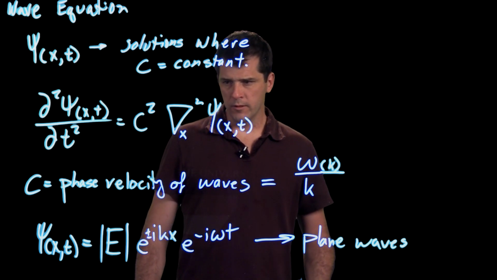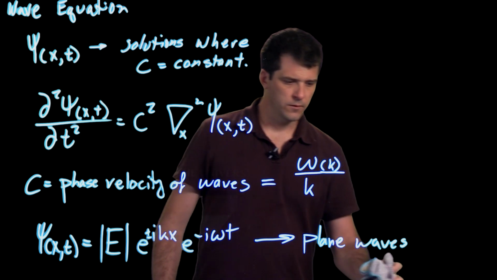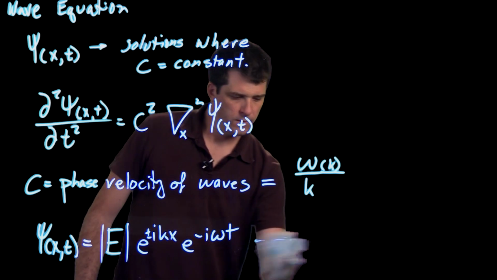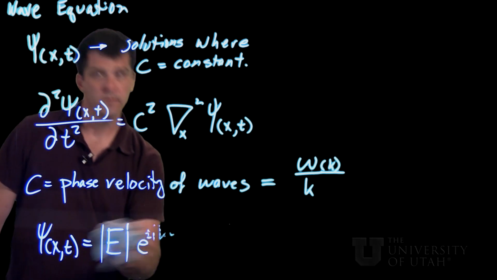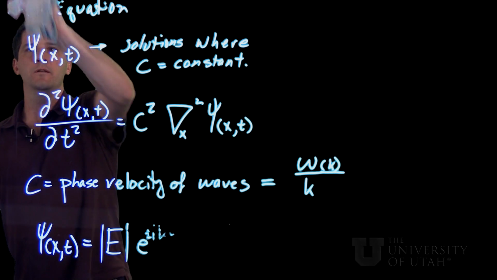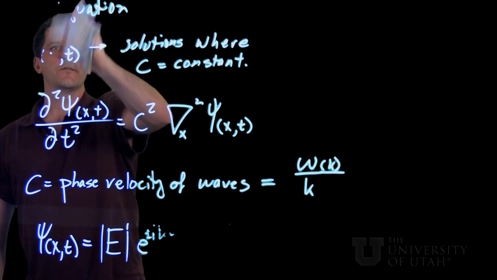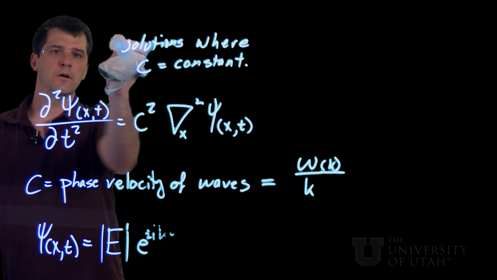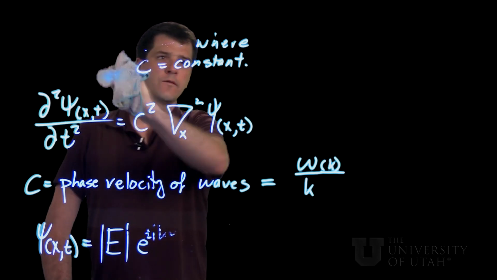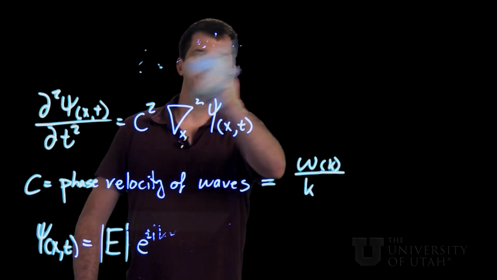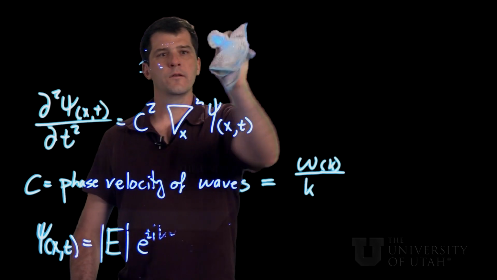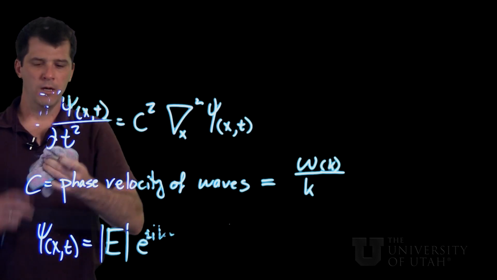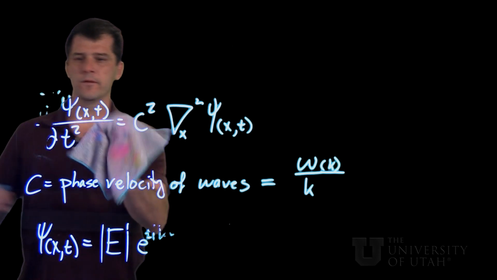So let me introduce one that you may not have seen, and that's the diffusion equation. So the diffusion equation governs the dispersal of something, say, like if you put a drop of food coloring in a glass, or you can model the diffusion of dopants into a semiconductor.